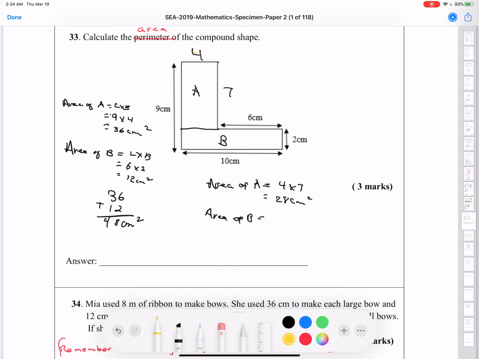The length of B is 10, where's my highlighter? 10, the breadth of B is 2. Okay, so area of B equals 10 centimeters. Well, I didn't write it centimeters on top, that's okay. Make sure you have it at the end. 10 twos are 20.